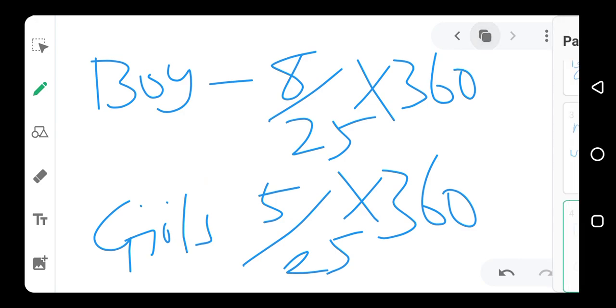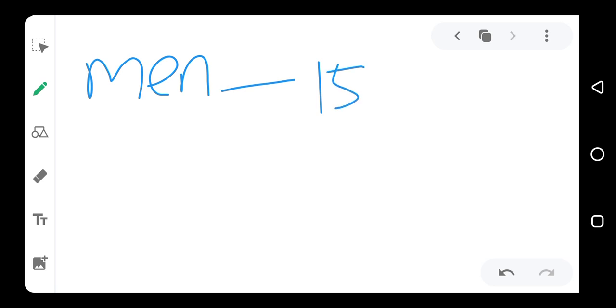So for men, 8 over 25 multiplied by 360 will give us 115.2.